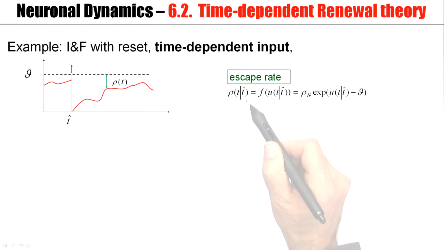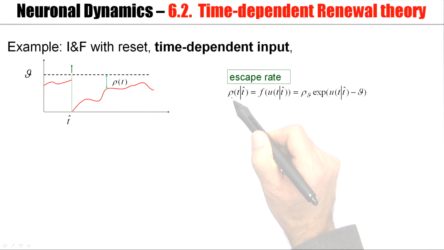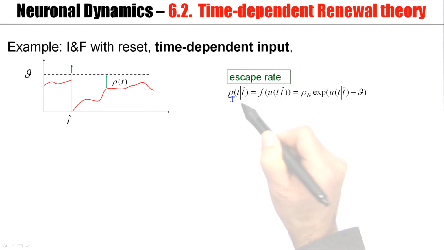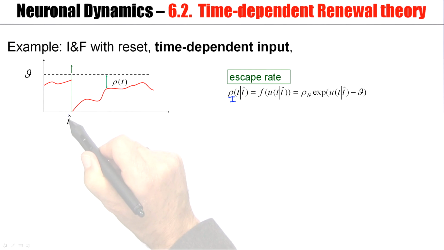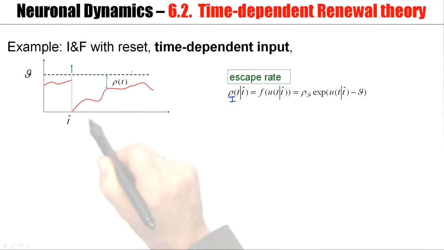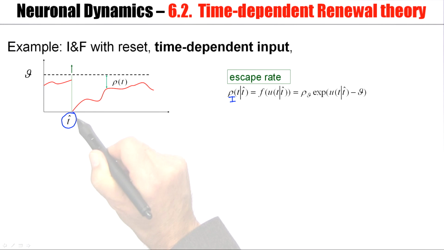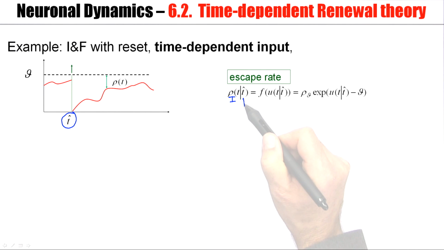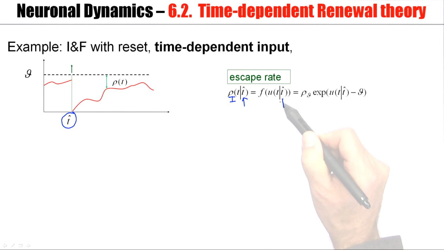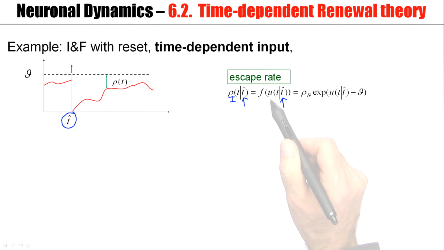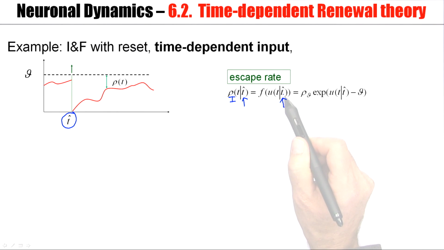The time dependence arises from both the external input and, in addition, for an integrate-and-fire model with reset, I need to know the last firing time t hat. And that's why I've written here the voltage as u of t given t hat. I have to know t hat.